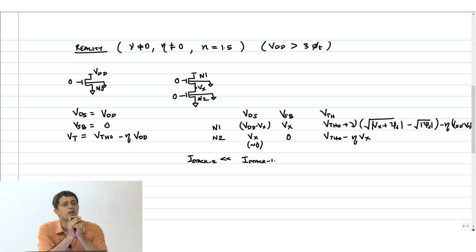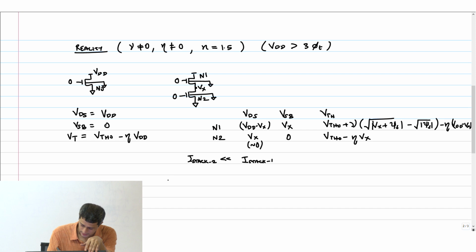Now what about the body effect? If you take the N1 transistor, the VSB is obviously greater than 0, because Vx is settling at some value between 0 and VDD. So VSB is non-zero, and therefore VTH goes up also because of the body effect.